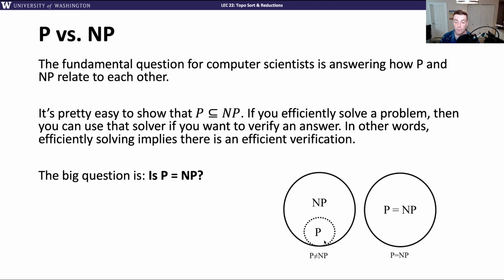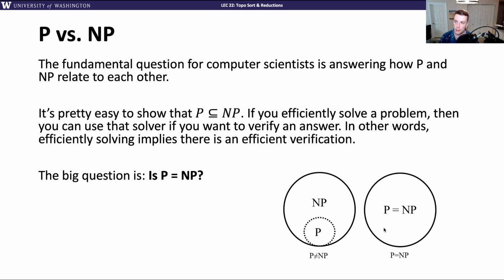So if they're not equal, P is a subset of NP. There's this broad set of problems that you can verify efficiently, and then a small subset of them that we also have efficient algorithms to solve. Now, another possibility is that these sets are actually equal, and that P is equal to NP, which means if you're able to verify a solution, then you should be able to also solve the problem efficiently.